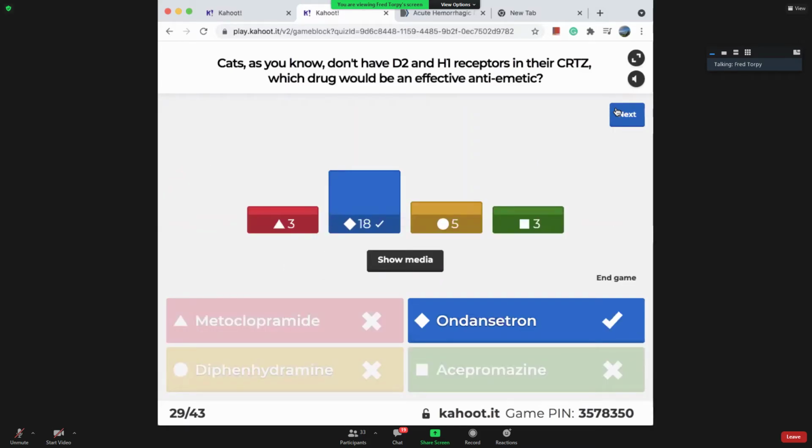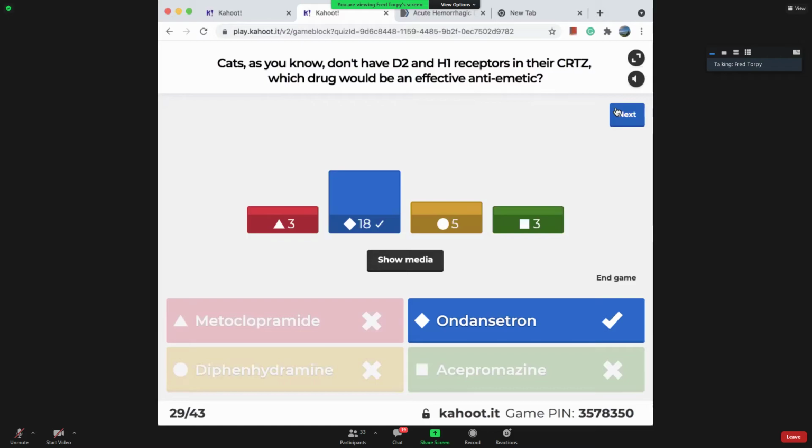What are the two receptors that cats mainly have in their chemoreceptor trigger zone? The two that are most specific to them? Serotonin, norepinephrine. Exactly. Nice one, Allie. So our cats are going to have serotonin, norepinephrine, and then our dogs have dopamine and histamine.